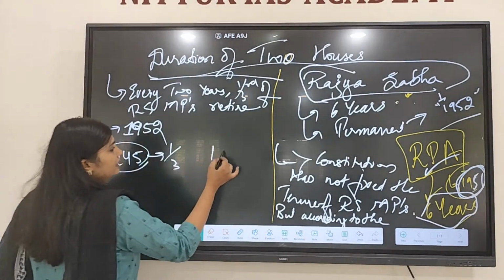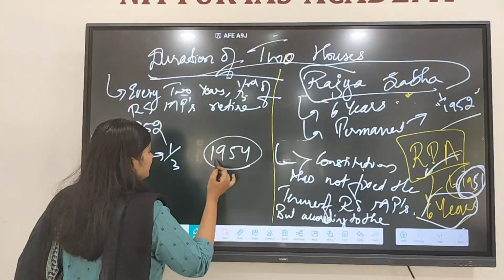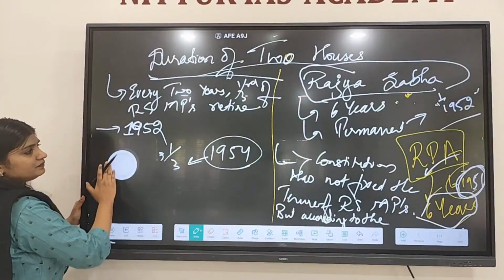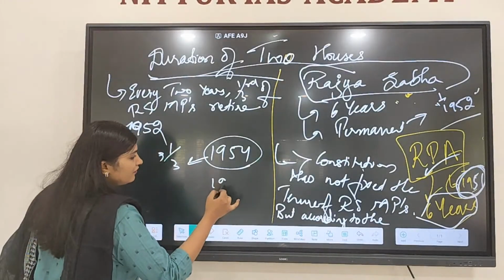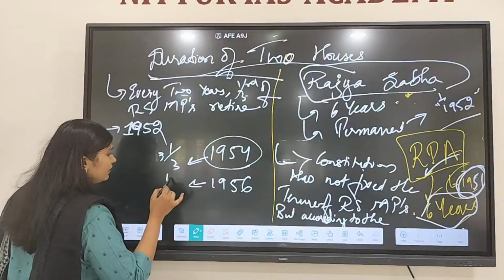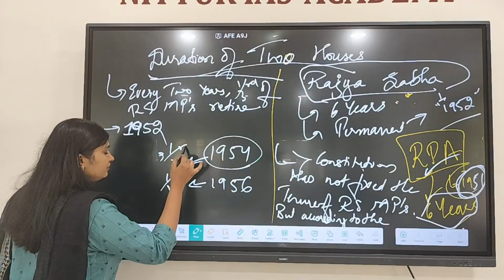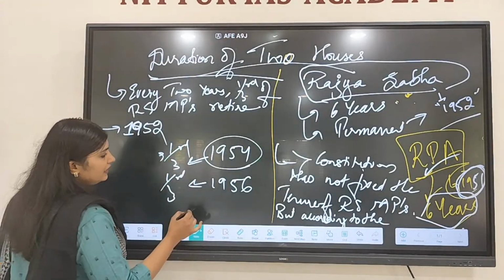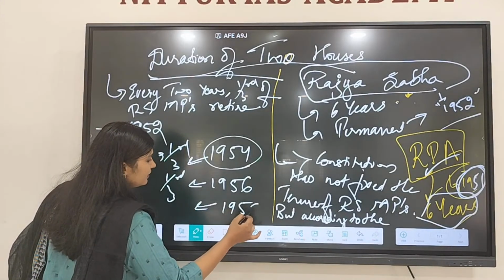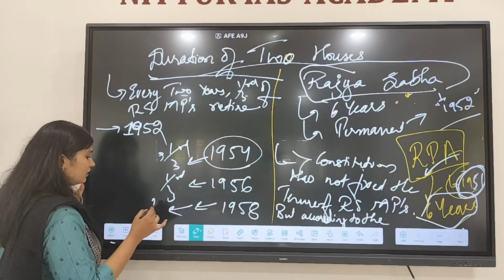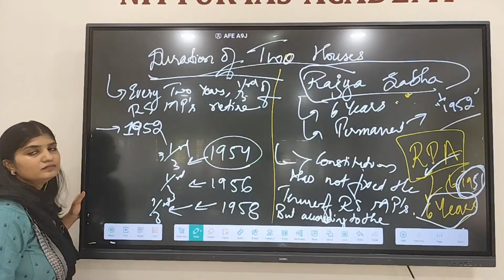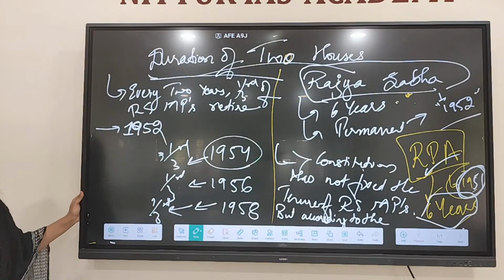So in 1954, 1/3 of the members got retired. In 1956 again 1/3 of the members got retired. Again in 1958, 1/3 of the members got retired. Okay.